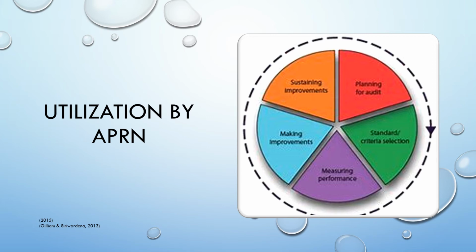The second case study was done on type 2 diabetes. It was within the primary care setting as well, and they focused in on this because they noted a gap regarding type 2 diabetes plan of care. The provider collected data from 20 patients with diabetes.